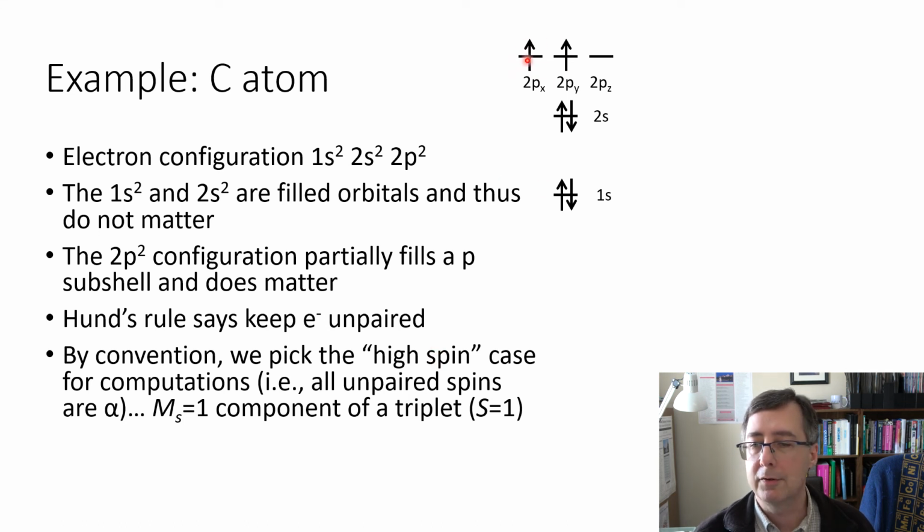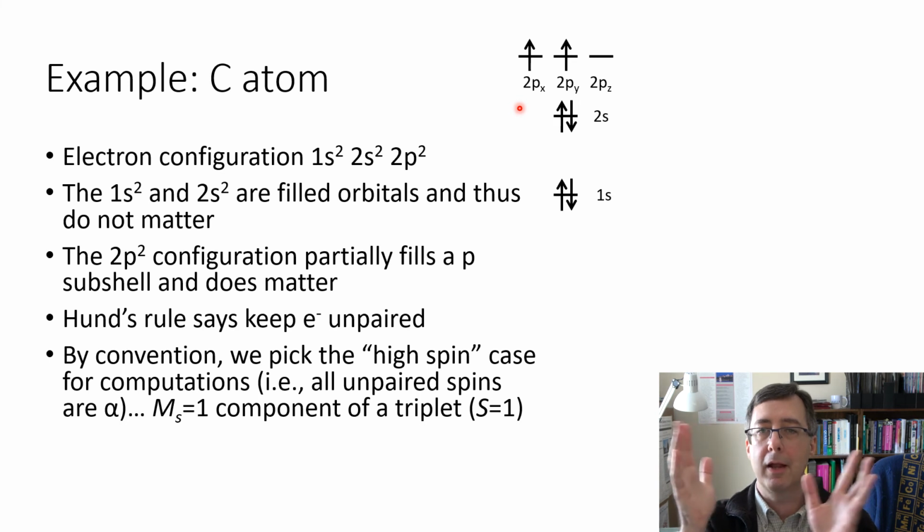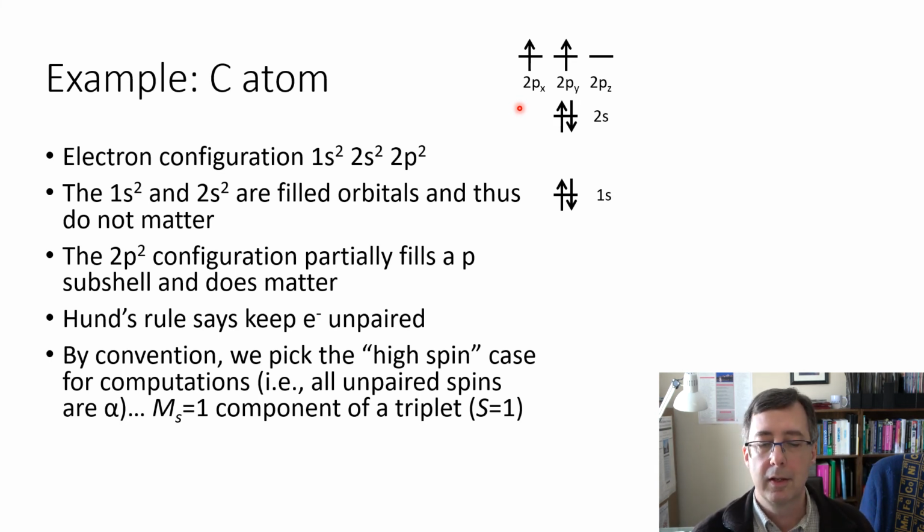But for right now, I just need to determine what spin this is. And if I have 2 alpha electrons that are not paired up, if they're in unpaired orbitals, then it winds up that this contributes to a triplet case. And you can see that the way I've drawn this, if you've got an alpha and you add those two alphas, you'll get a total m sub s of a half plus a half equals 1.